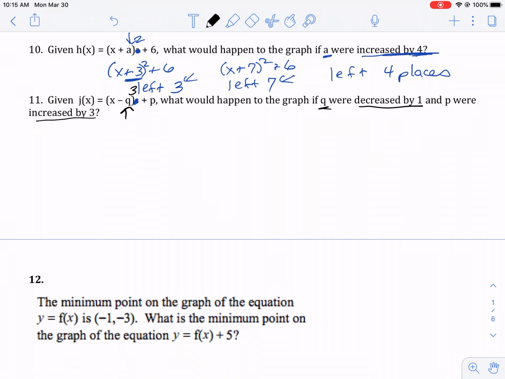So the q is a horizontal shift. So decreased by 1 seems to indicate that we should go left 1. But because it's a horizontal shift, we know it goes opposite, so it's going to go right 1 place. And if p were increased by 3, that's a vertical shift, and it does what it says, so it goes up 3 units.